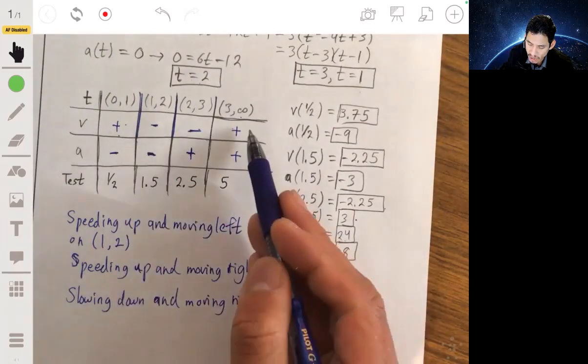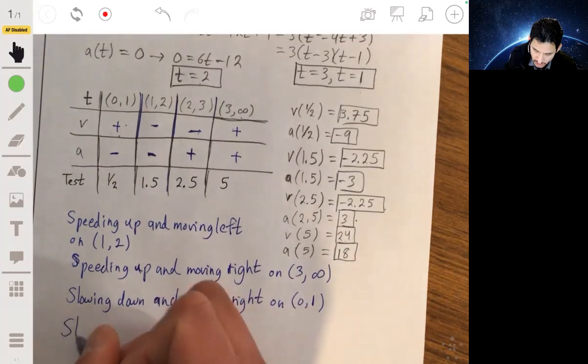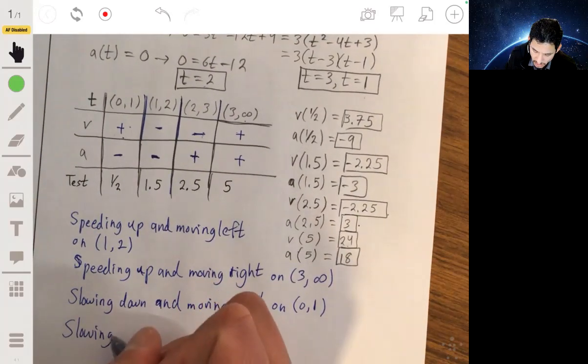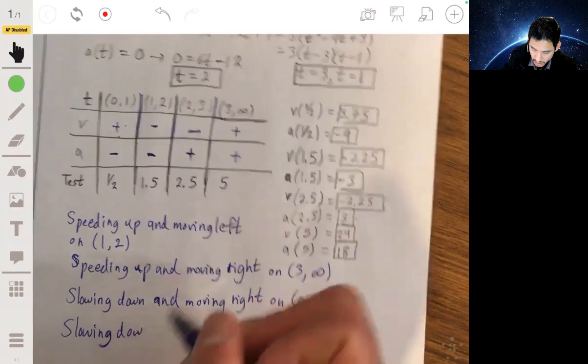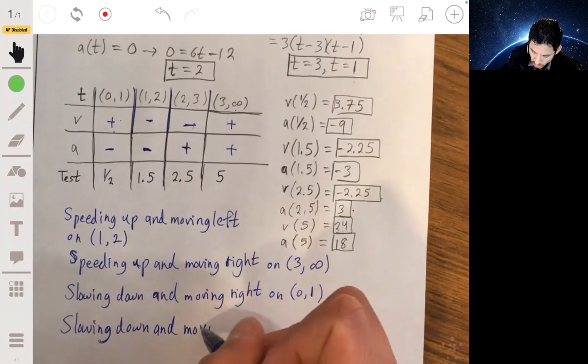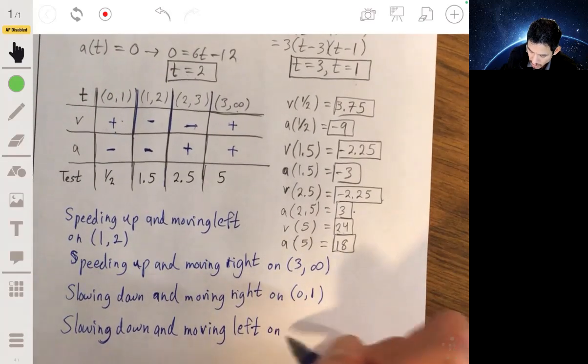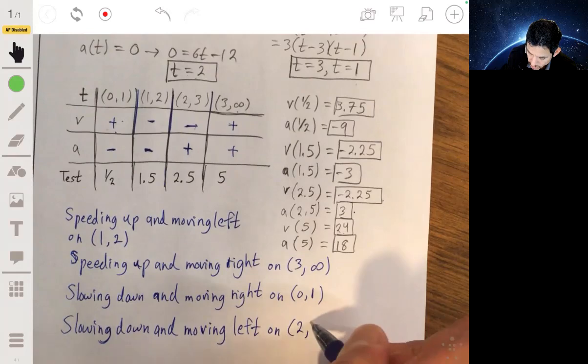And it's slowing down and moving left on 2, 3.